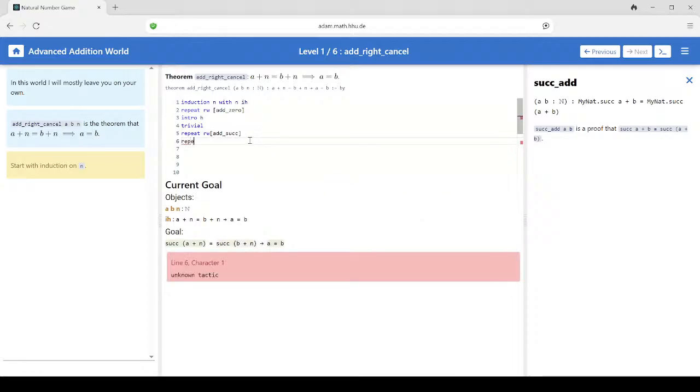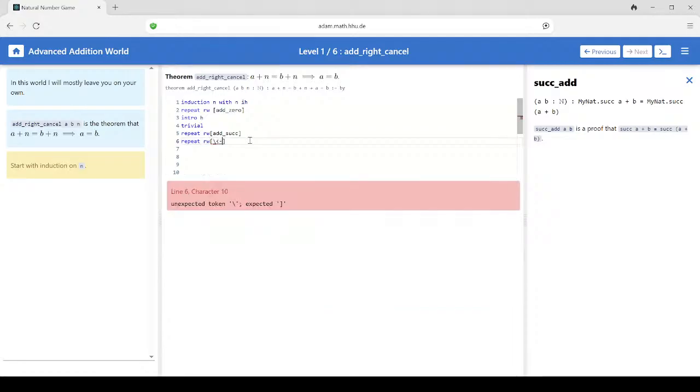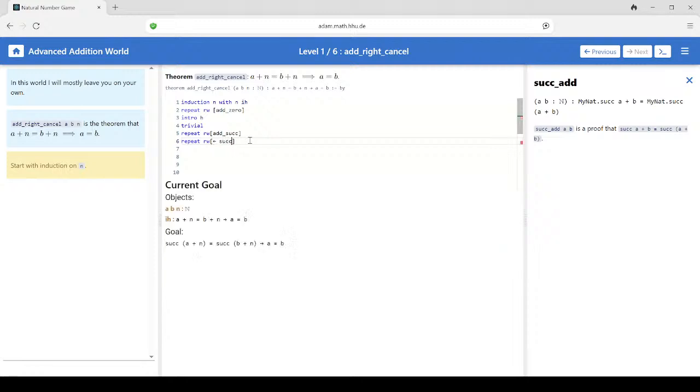Here's an idea. Okay, so I'm not sure if that's helpful at all, but I turned a plus the successor of n equals b plus the successor of n into the successor of a plus n, so now n is by itself, and a and b are the successors.